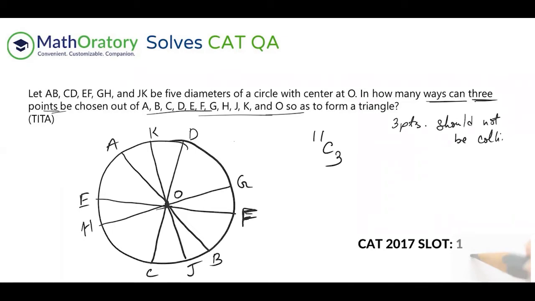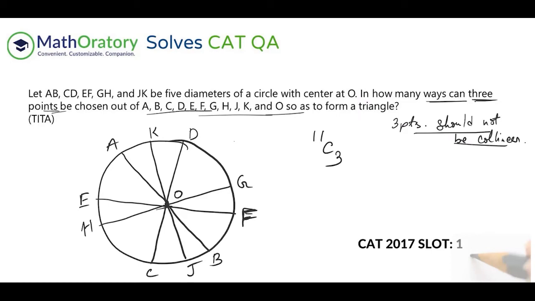That is what we are trying to avoid so that we can form a triangle. Because if we have 3 points in a straight line, how do you get a triangle? There is no angle here. So basically, we're just trying to figure out of these choices, how many choices lead to collinearity, or points which are falling in the same line.